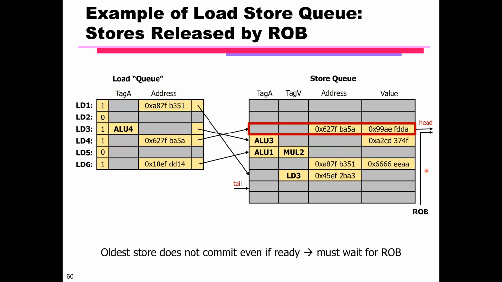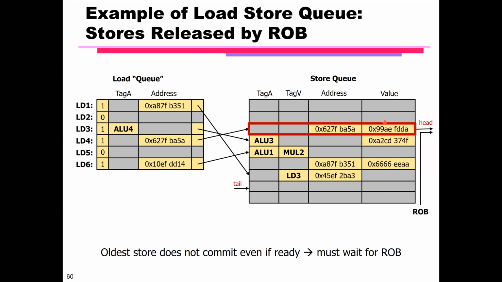Finally, how does the store queue work in this situation? Well, it's actually a bit of a mini reorder buffer that takes only the oldest store and tries to do only the store in order, but has to wait for an approval from the reorder buffer, because it should not only be the oldest store to be able to commit and to perform the store operation, but it needs also to be the oldest operation at all, right?